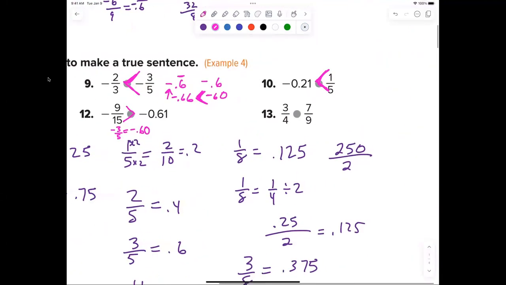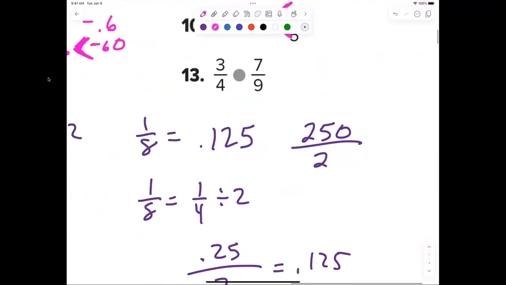Let's knock out 13 now. 13 is really easy. 3/4 is what decimal? 0.75. 7/9 is what? 0.7 repeating. Uh-oh. So 3/4 compared to 0.7 repeating is what?